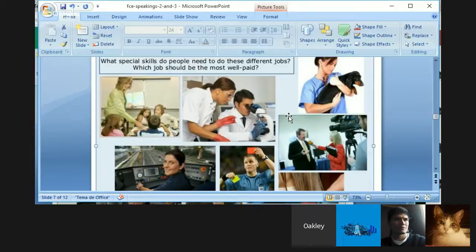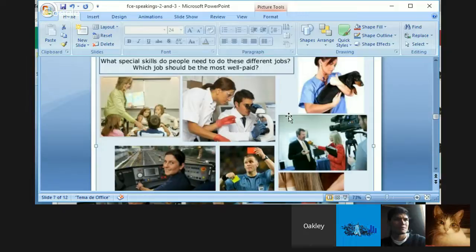On the right corner, on the right above corner, we see a nurse maybe or a doctor. She's dealing with a dog and she's trying to maybe examine him and see what's the problem with him.